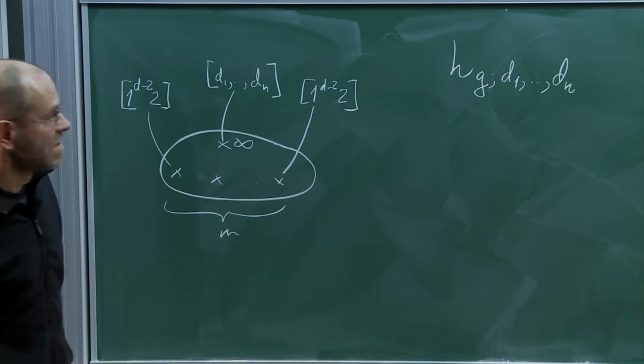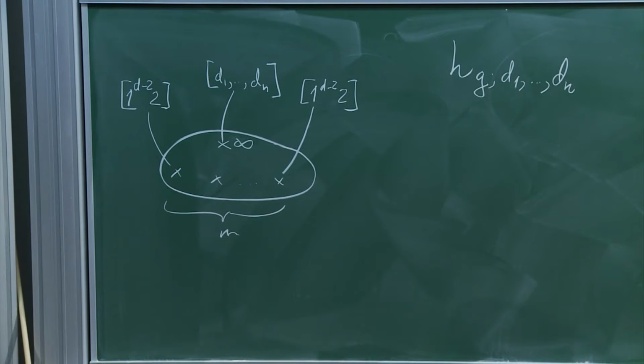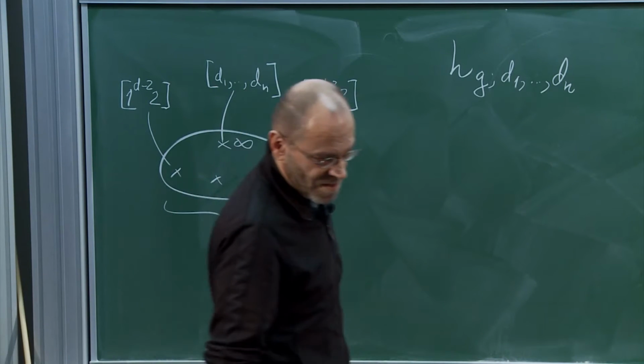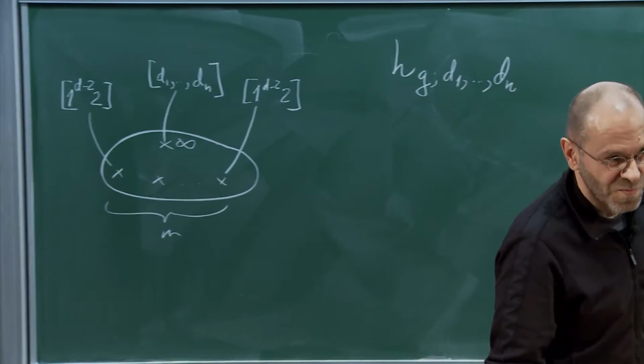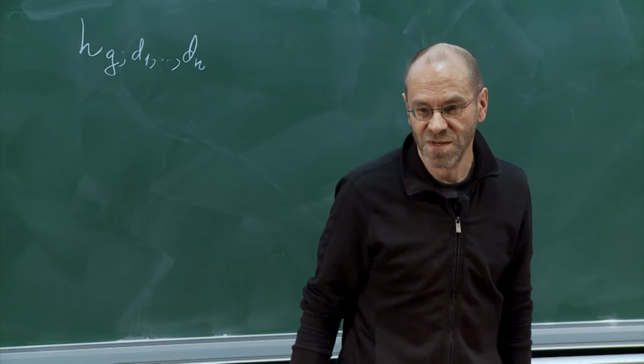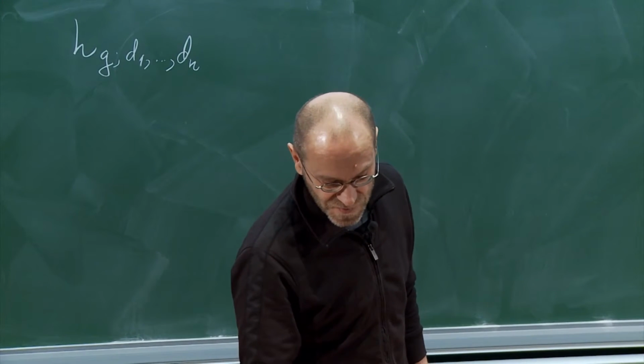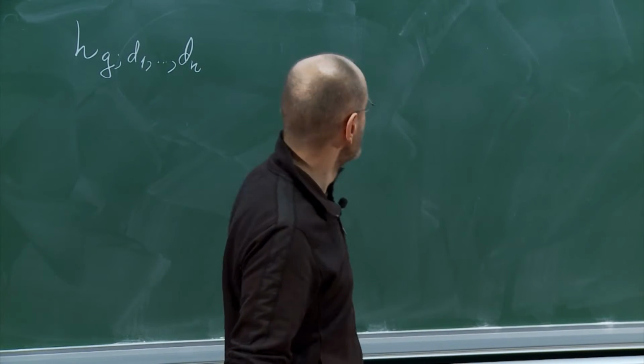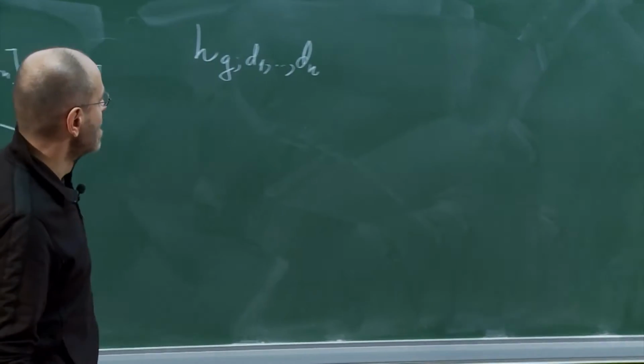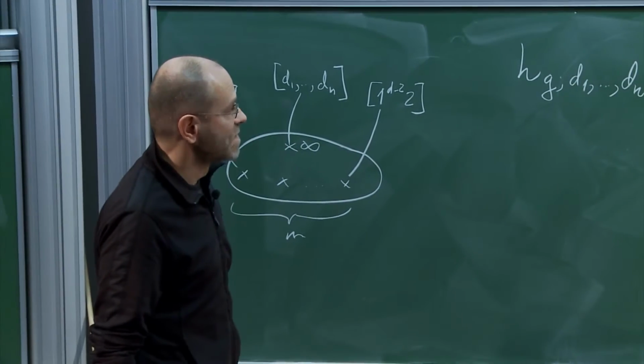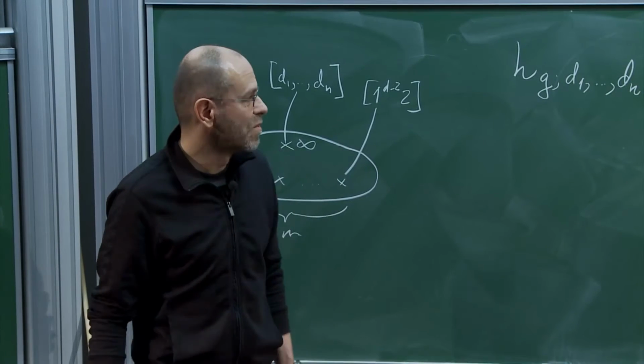These numbers can be counted recursively. On this workshop, both Dima Zvonkin and Maxim Kazaryan told how these numbers can be computed. So let me remind you the main points.